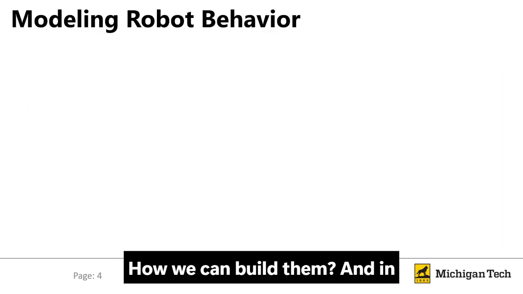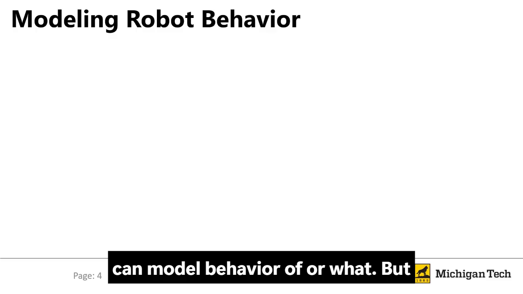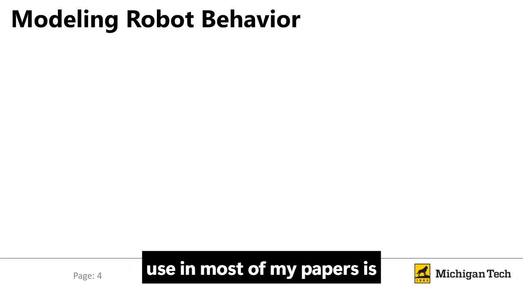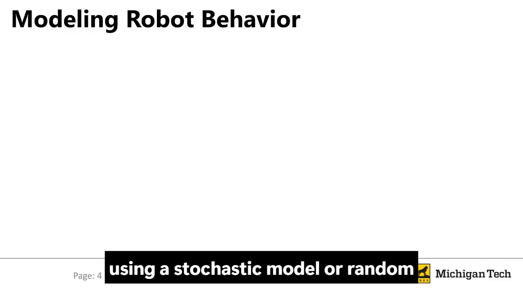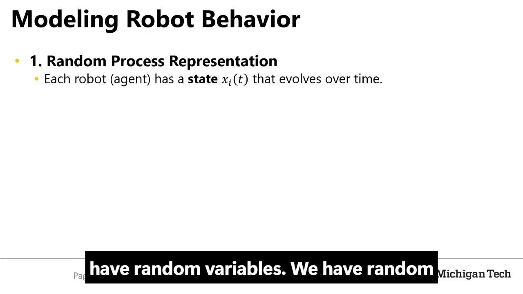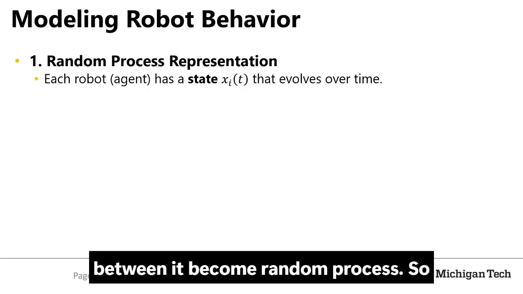How can we model them? In my work, there are many ways we can model the behavior of a robot, but one of the good methods that I use in most of my papers is using a stochastic model or random process. We know random variables and random vectors, and when we bring time in between, it becomes a random process.